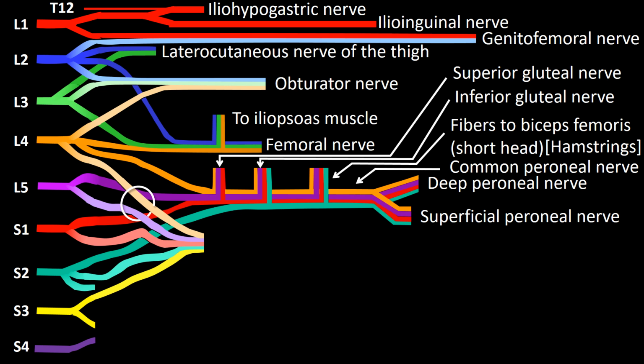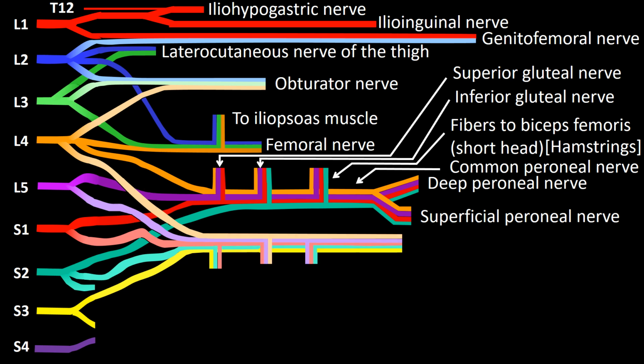It is also important to remember that the anterior divisions of L4 and L5 often join before joining the rest of the fibers forming the tibial component of the sciatic nerve. The structure formed by this joining of the L4 and L5 fibers is labeled the lumbosacral trunk.